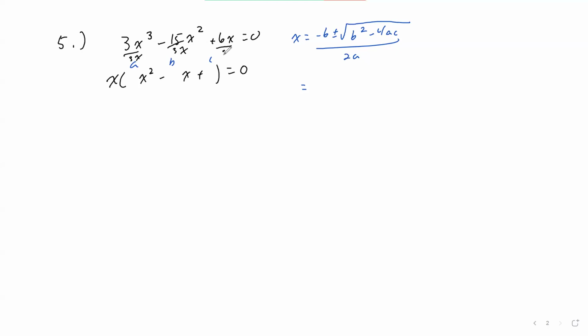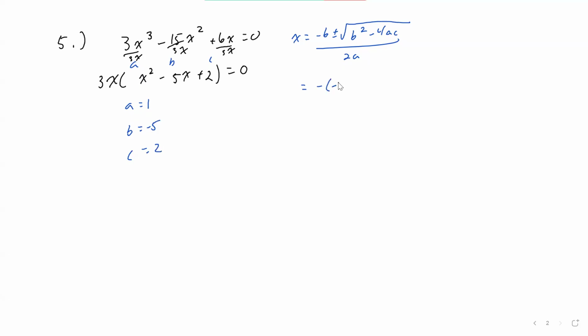So I'm going to divide every one of these by 3x. So 3 divided by 3 is just 1. 15 divided by 3 is 5. And 6 divided by 3 is 2. So now I got even smaller numbers. I have to remember the 3x there. And so therefore now my a is 1, my b is negative 5, and my c is equal to 2.